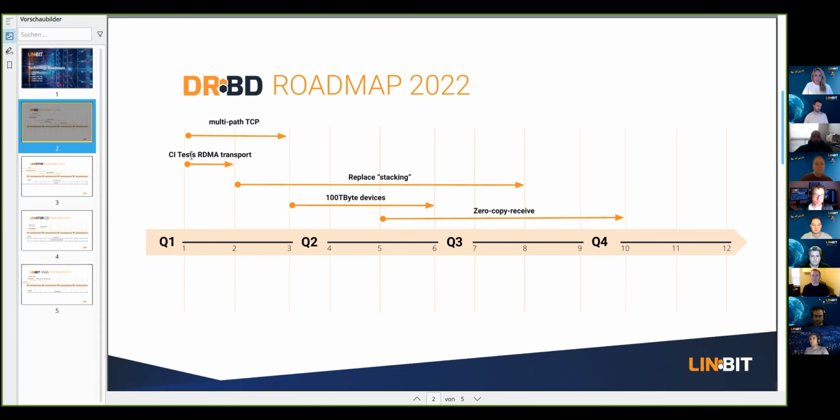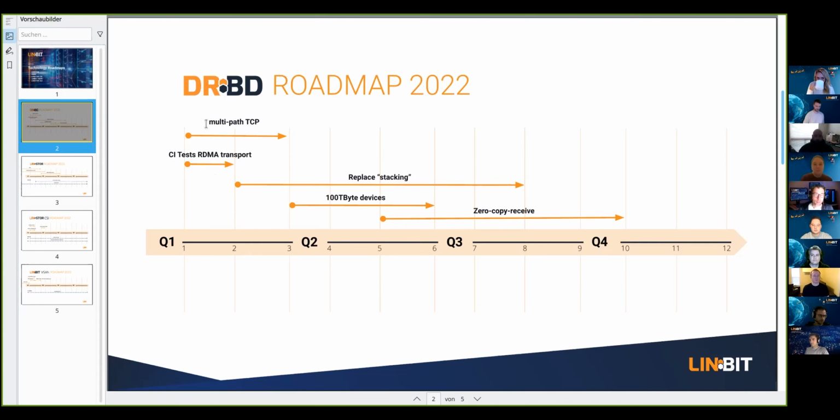And I expect that it takes us January to set up all the proper testing in our CI pipeline, in our GitLab instance. And then we will see if we can bring it to the same quality as the rest of the DRBD code within the first quarter.